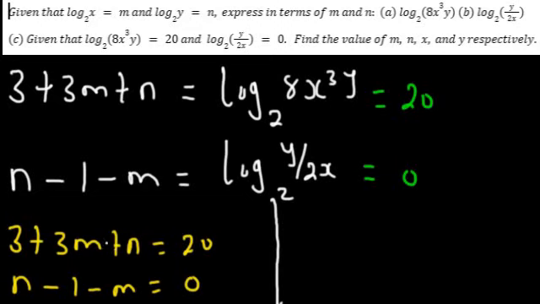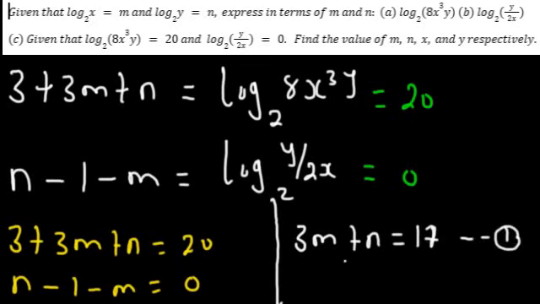I would like to subtract 3 from both sides, in order to have variables on one side and the constant term on the other side. So I'm going to be left with 3m plus n equal to 20 minus 3, which is indeed 17. So I will assume this is equation 1.